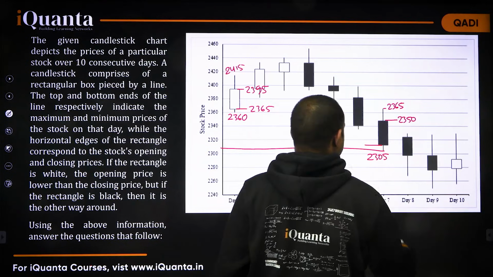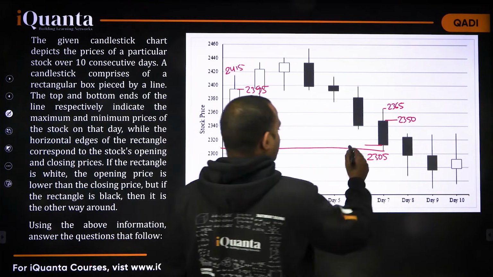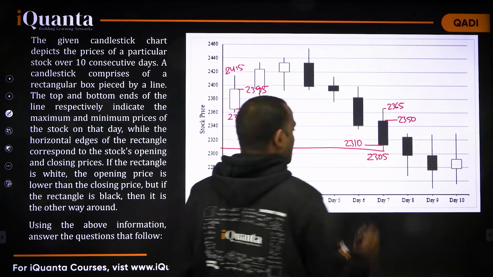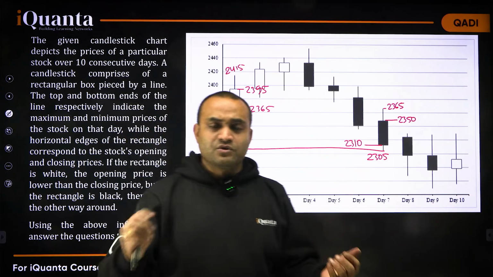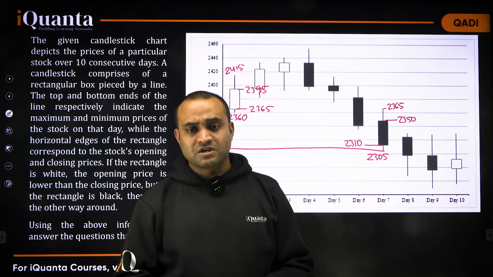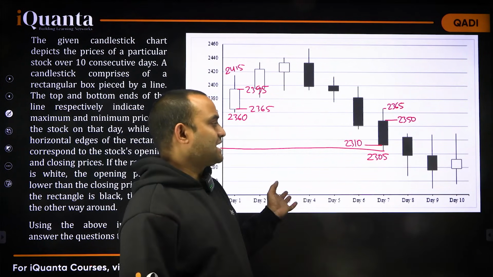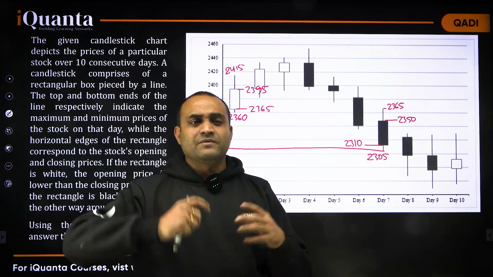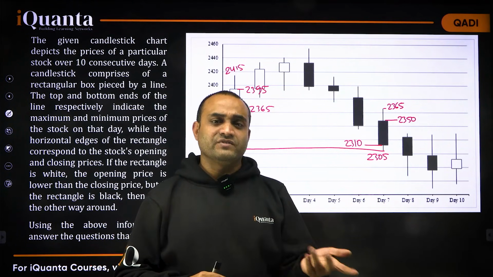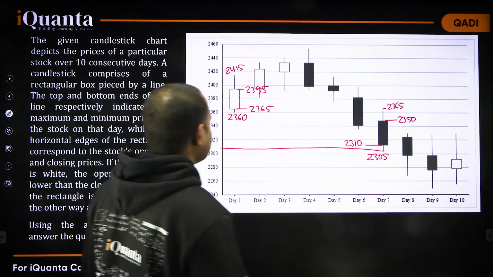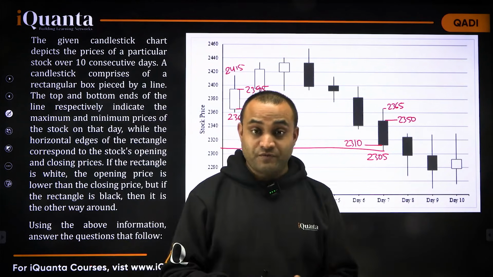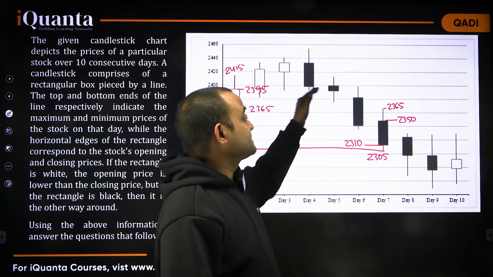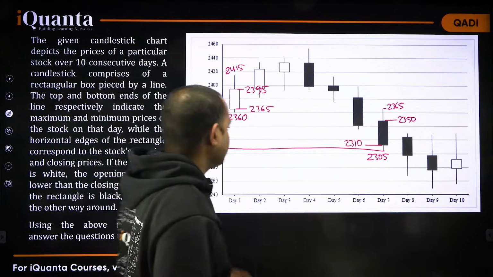And this will be the closing price, which is 2310. Okay, so we don't need to worry about the values that much, because if something like this is given, then there must be some variation, some approximation that we can take and solve the questions. Otherwise, if something precise is to be found out, then exact values will be given in the graphs.